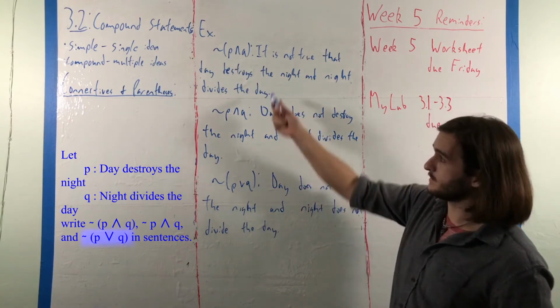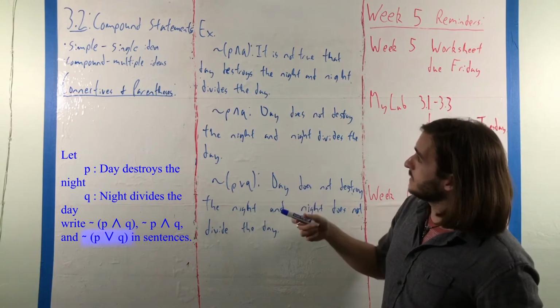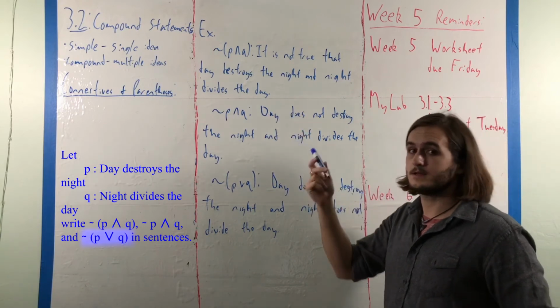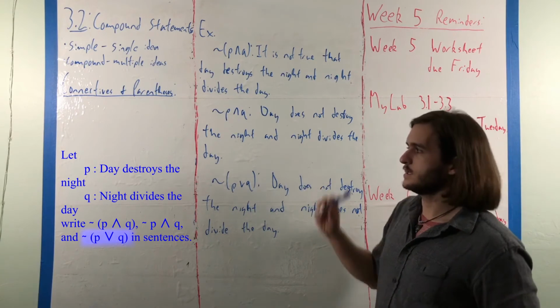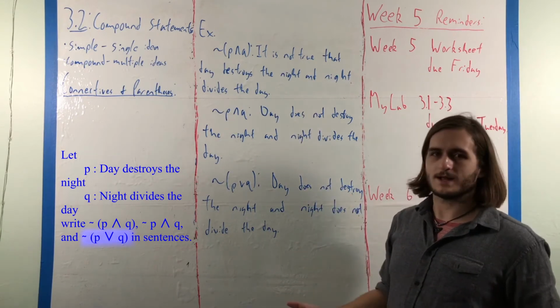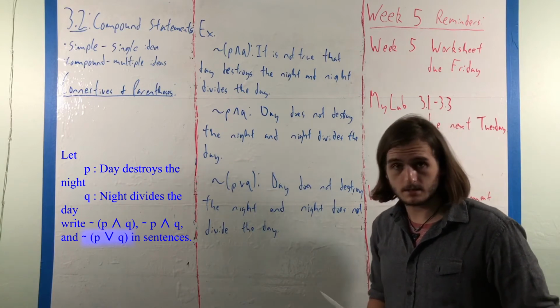It means if we wanted to talk about this one again, we could alternatively say it as day does not destroy the night or night does not divide the day. There are usually, and just about always, little options for how we can write out the sentence, if we want to do it carefully, that get to the same place.